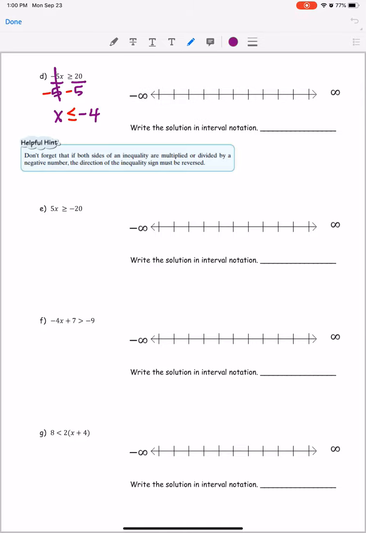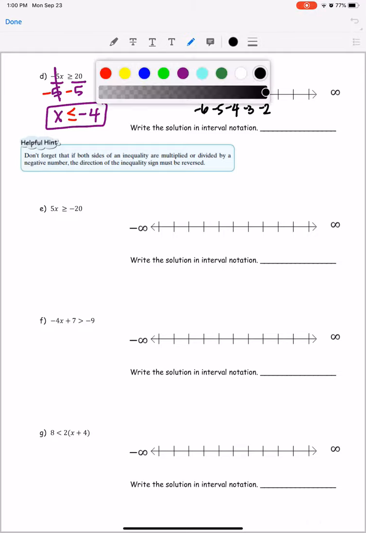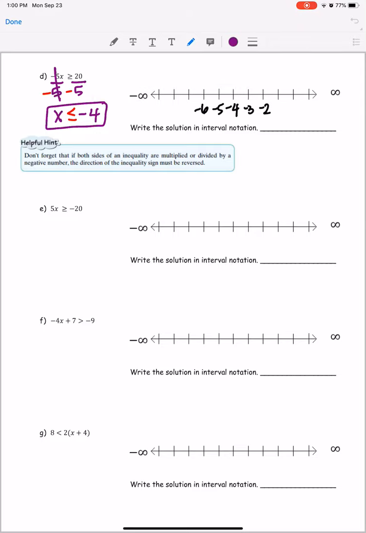When you divide or multiply by a negative number, your inequality symbol is reversed. So now here, we've got negative 4, negative 3, negative 2, negative 5, negative 6. Use the symbol. It's going this way.